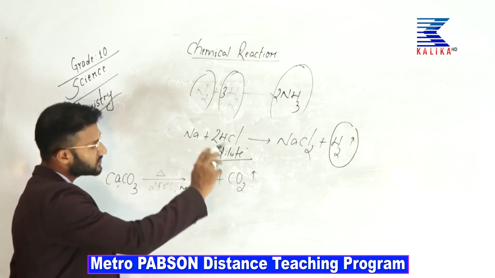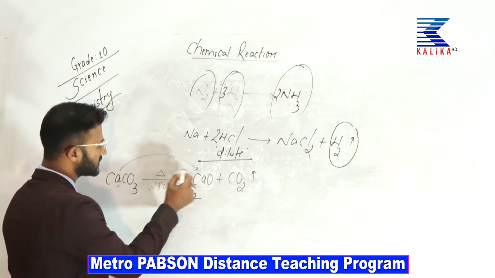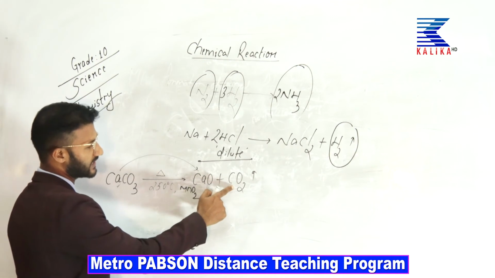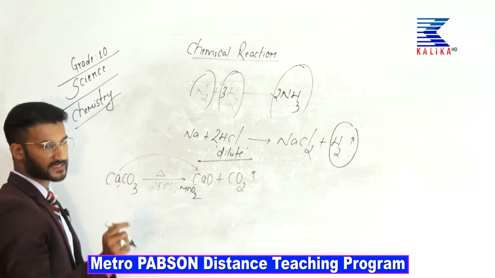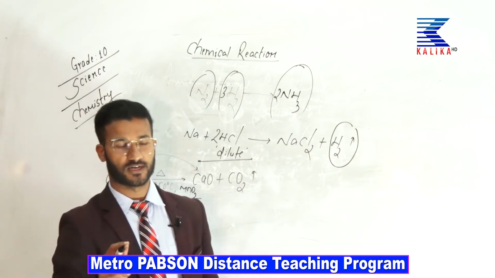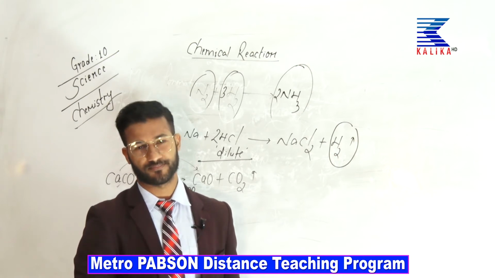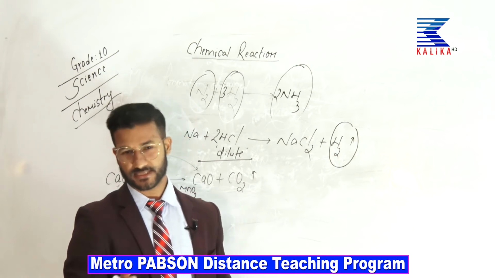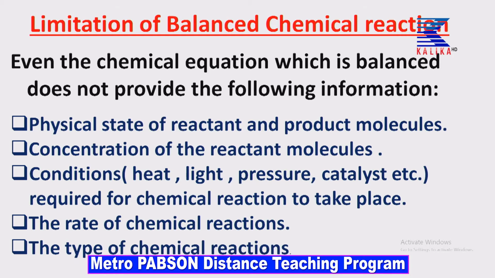A balanced chemical equation does not indicate at what rate calcium carbonate decomposes into calcium oxide and carbon dioxide gas. So it lacks information about the rate of chemical reaction also, and one more, it does not indicate fully about the specific type sometimes. That is also a problem with the balanced chemical reaction. So have a look at the next screen.